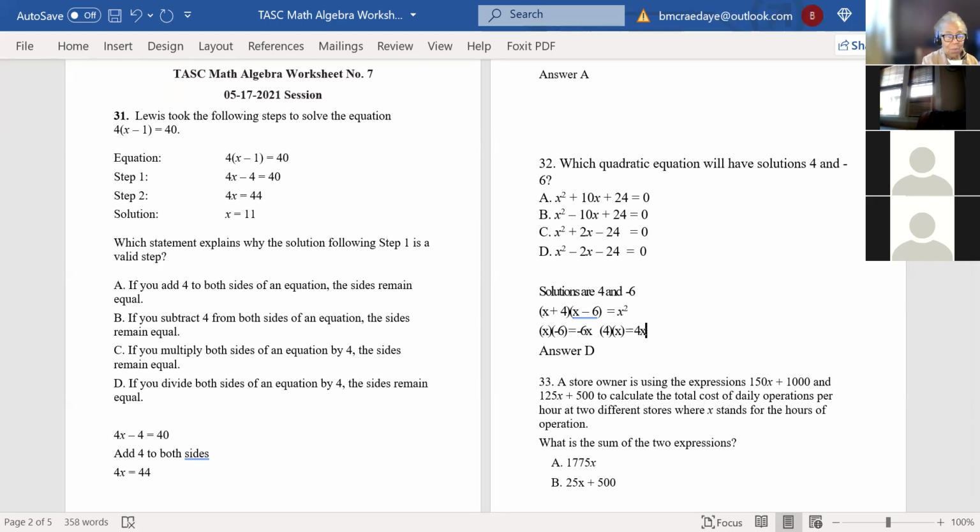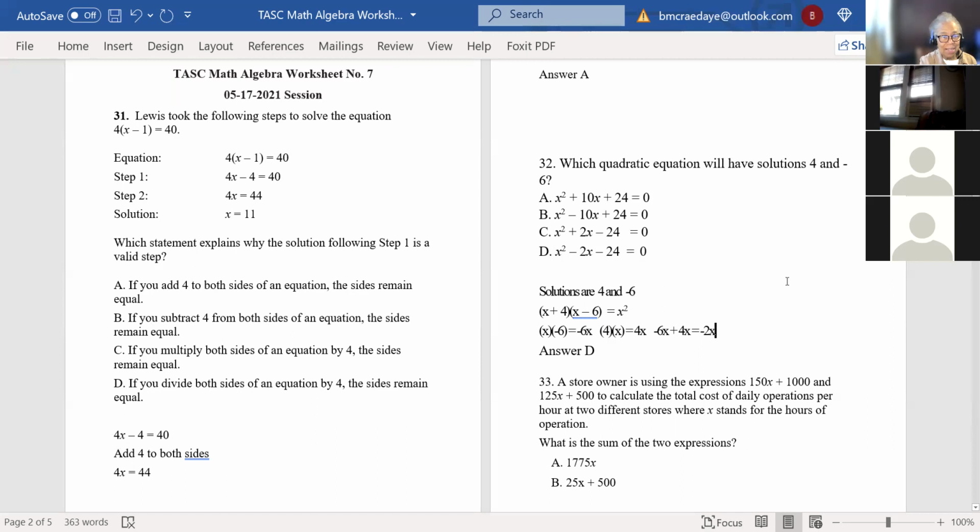All right. So when you add a minus 6x plus 4x, what's that equal to, Vanessa? A minus 6x and a plus 4x will give you a minus 2x. That's it, minus 2x. And where do you see the minus 2x? Right here, right?